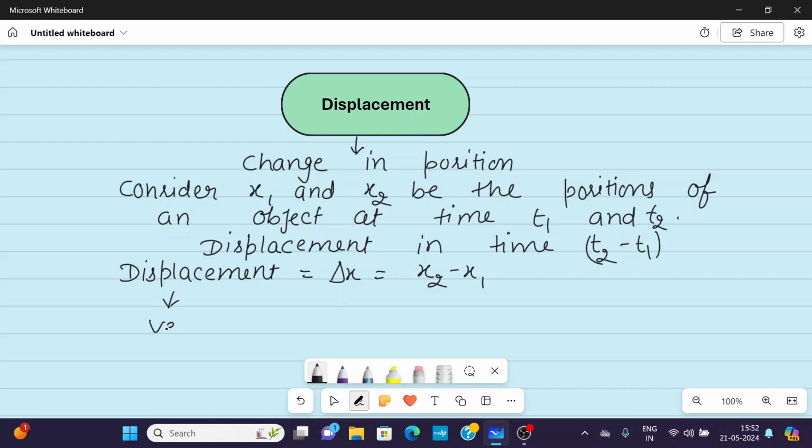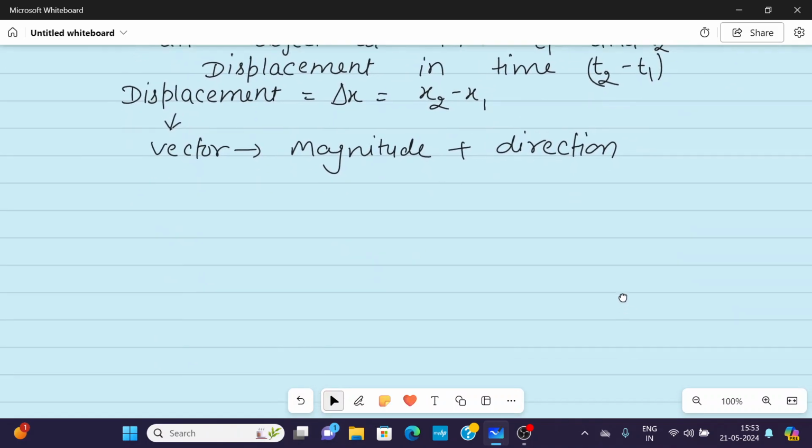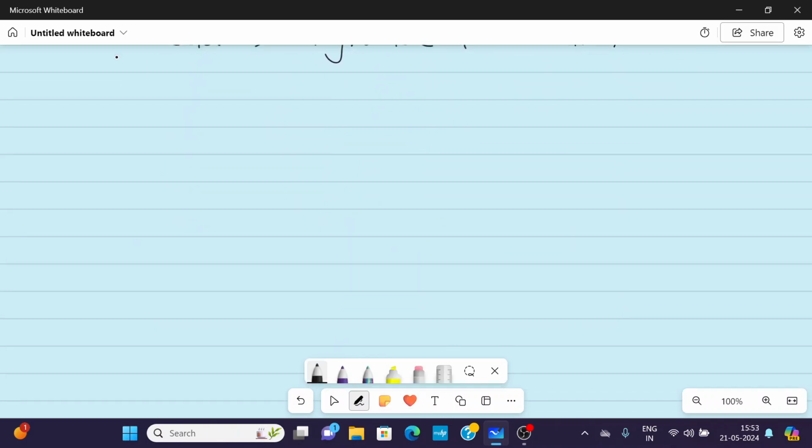It is a vector quantity which has magnitude and direction both. Any quantity which has magnitude and direction both is known as vector quantity. In case of rectilinear motion, as we have considered in this unit, direction is given by plus or minus sign.